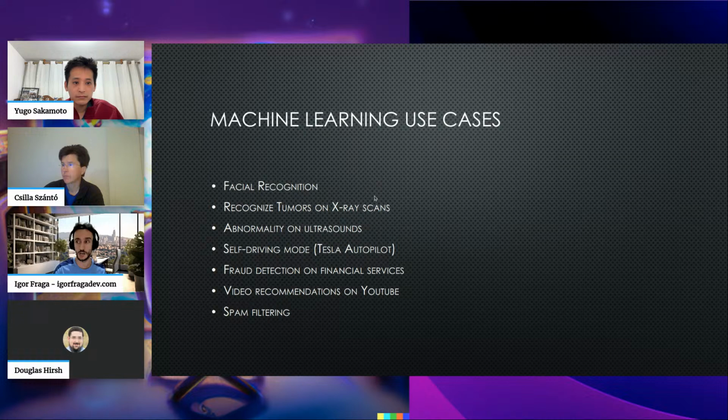It can be used a lot, especially in healthcare, to help in the diagnosis of recognizing tumors on X-ray scans and abnormalities on ultrasounds. This is really interesting. You can see how many lives can be saved by applying machine learning just by recognizing the symptoms of illness earlier, and treating them at an earlier stage.